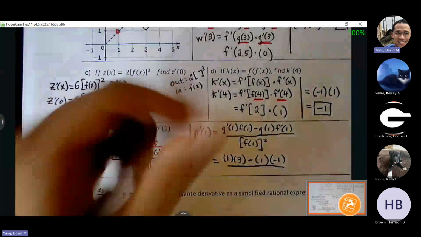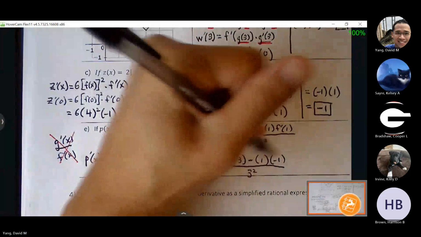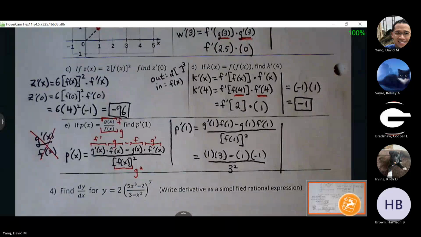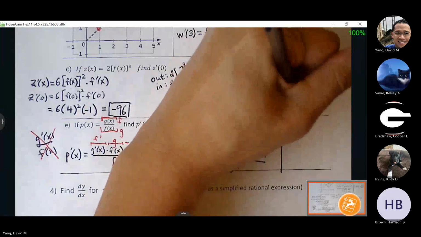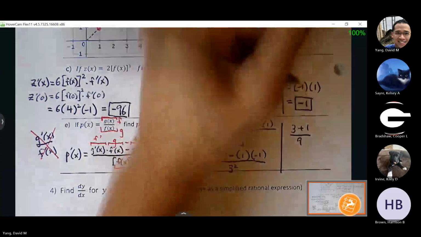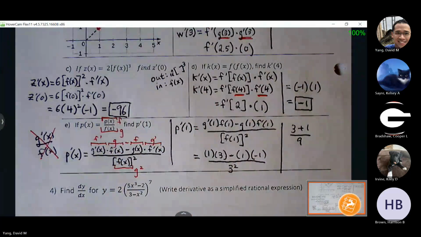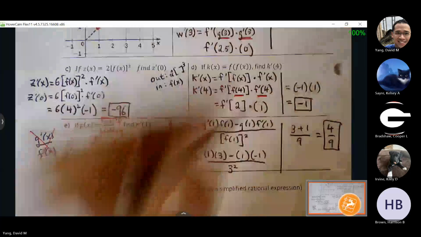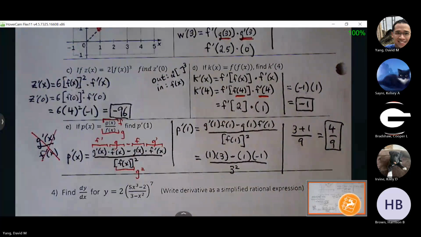Square that, 3 squared is 9. All right, any questions so far?